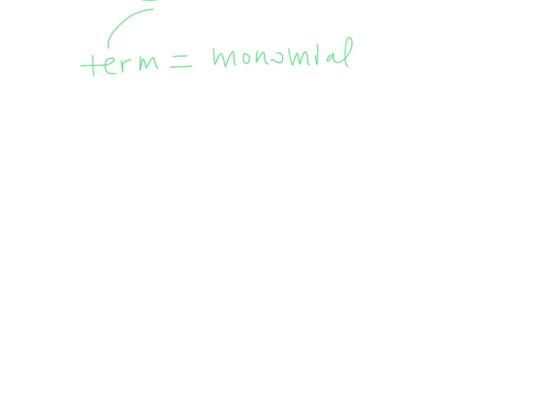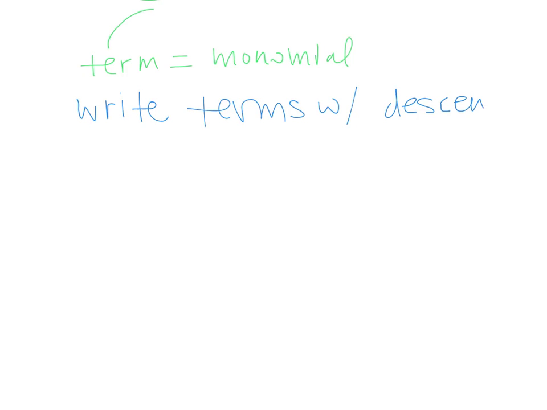Next, typically we write the terms with descending degree. So the polynomial example that I gave is written in that way. And if they are, then that helps with the next definition.